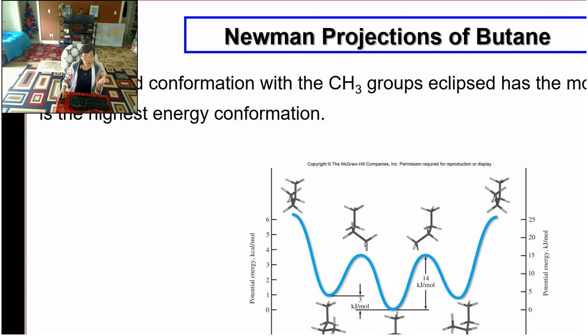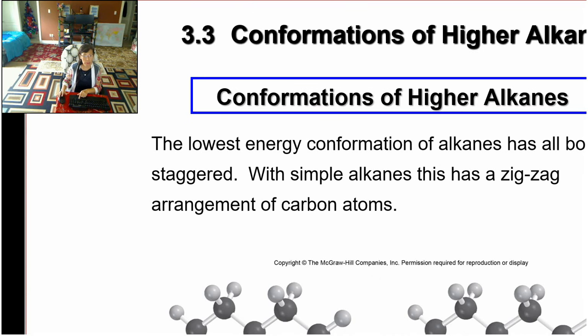In this case you have four different possibilities. The most stable one is the staggered structure, or you can call it the anti-structure. And the other gauche structures have higher energy, depending on the steric hindrance and also on the torsional strain. So that's about the stability.